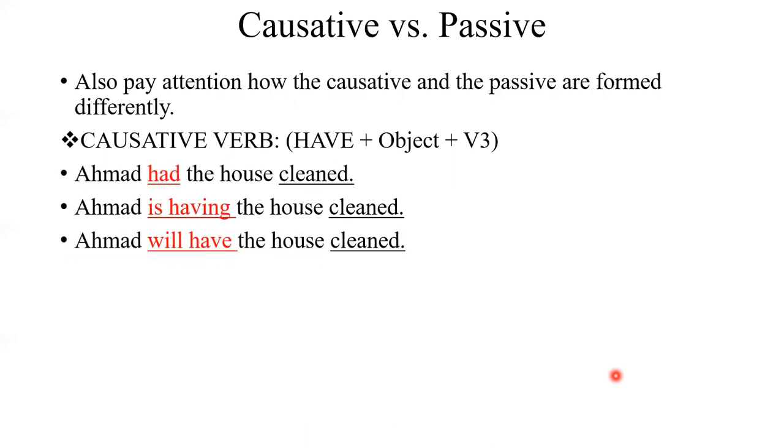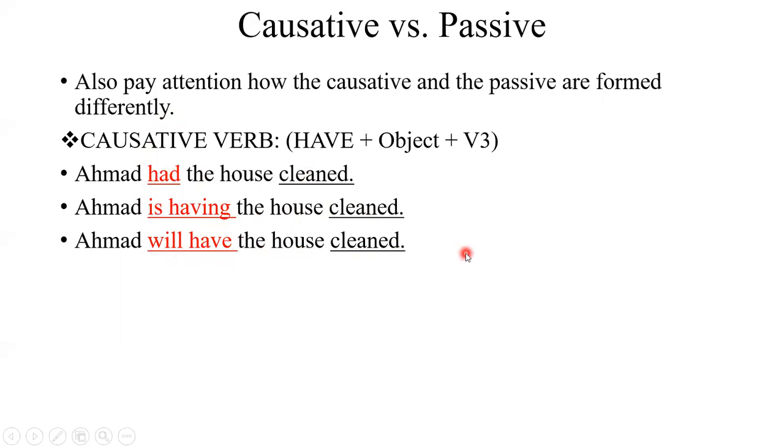Ahmed had the house cleaned. Ahmed is having the house cleaned. Ahmed will have the house cleaned. All of these are positive sentences that have a positive verb made of have, object, verb 3. Have, object, verb 3.